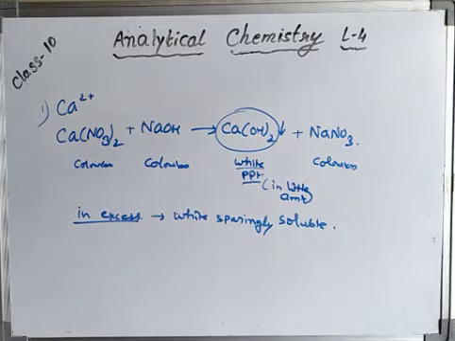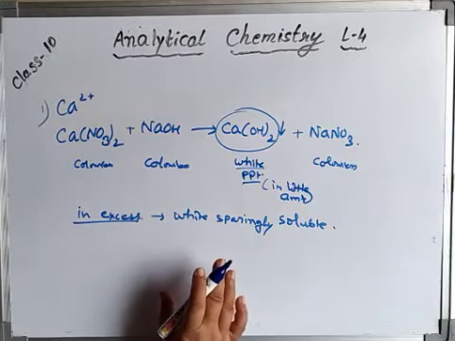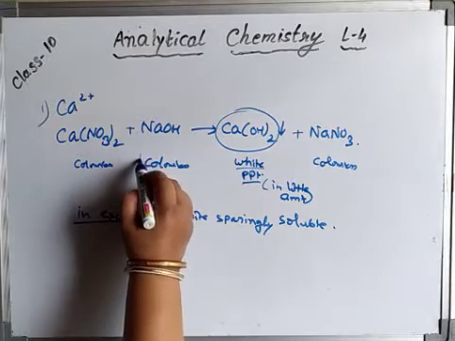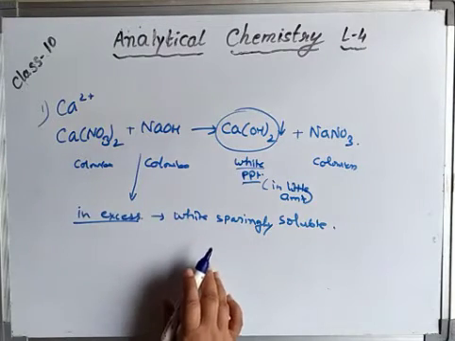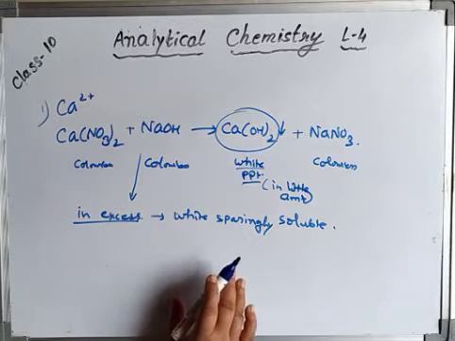So with the calcium salt, in little amount the white PPT forms, and when we add excess sodium hydroxide solution, it is sparingly soluble, but the white precipitate remains in a light amount.